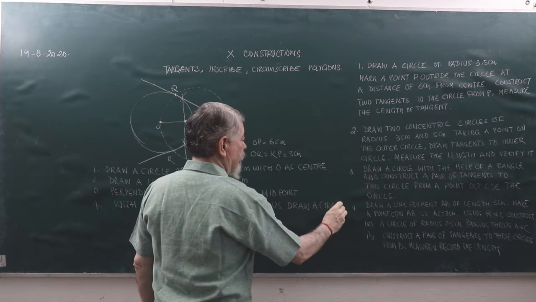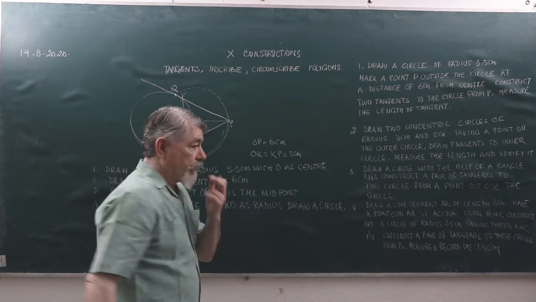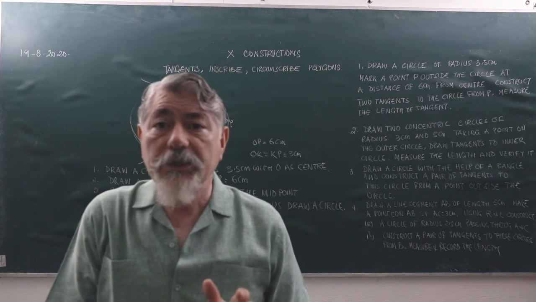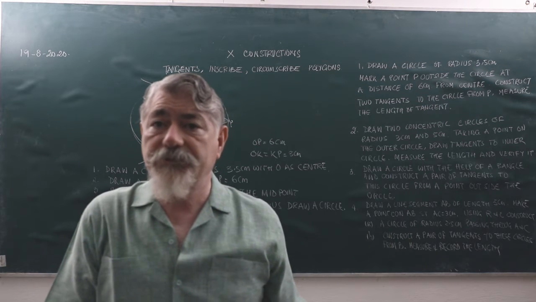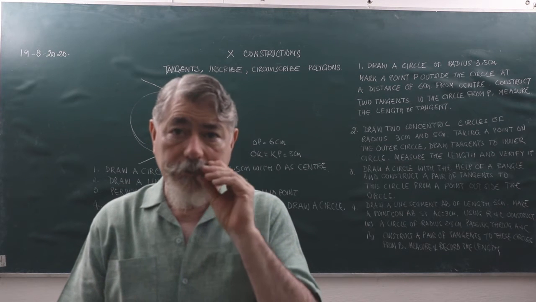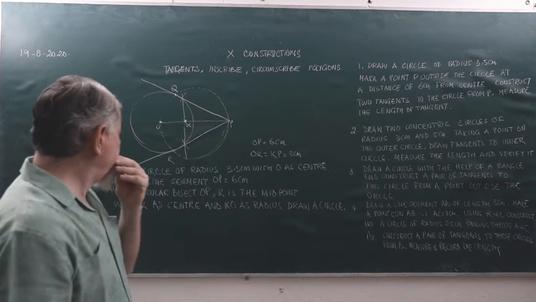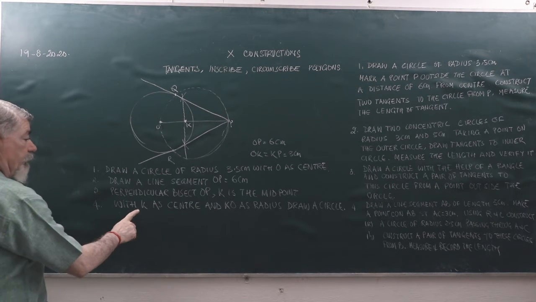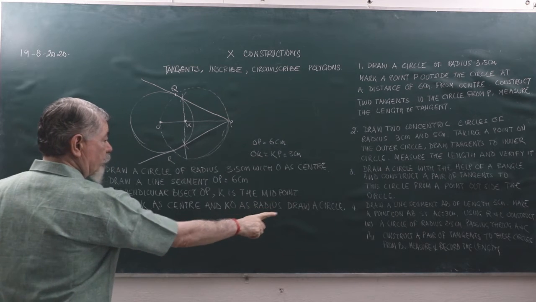I am telling you time and again that it is important to write the steps of construction. It is not mandated by your syllabus, but I would prefer you to write the steps of construction. With K as center and KO as radius, draw a circle.